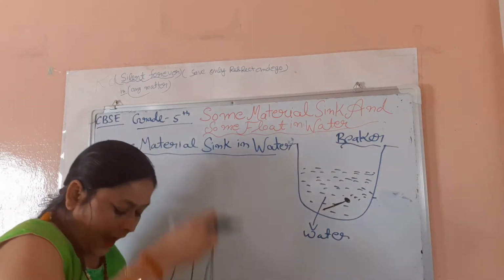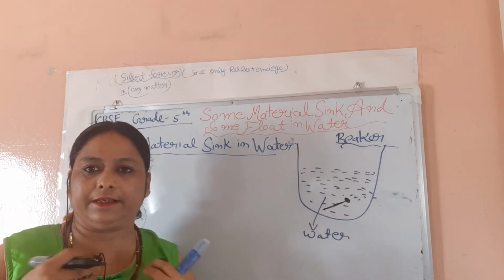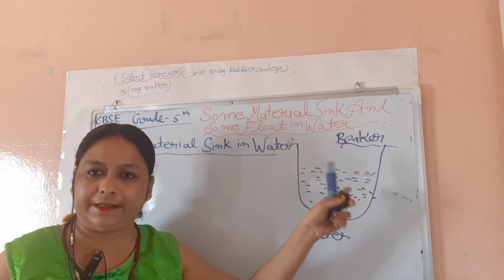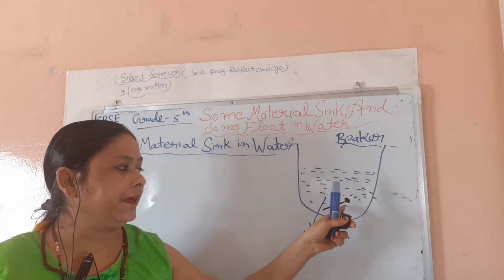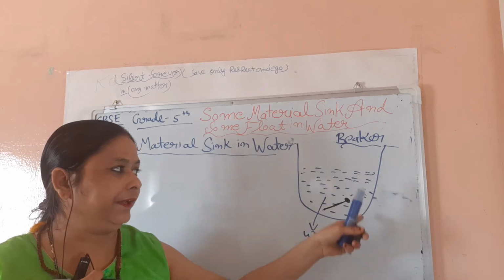Firstly, take a beaker, fill it with two-thirds water, take an iron nail and drop it in the beaker.